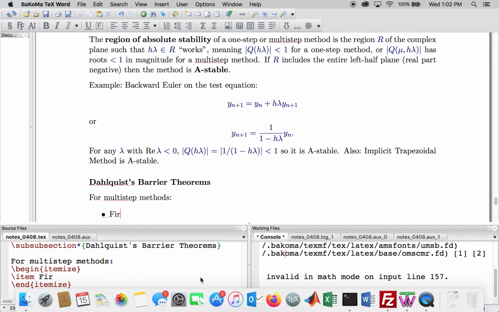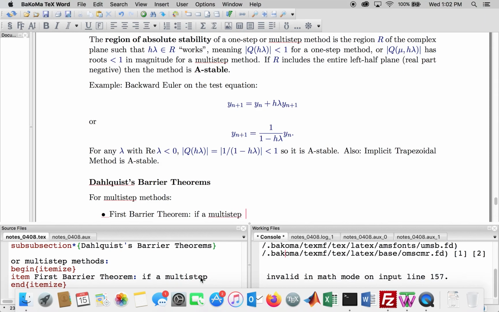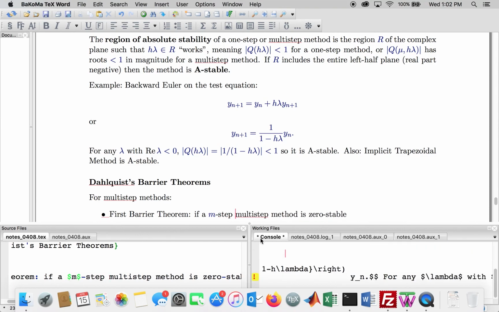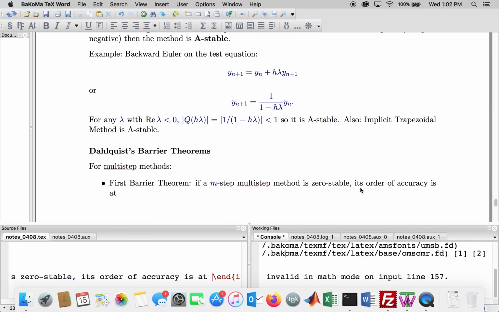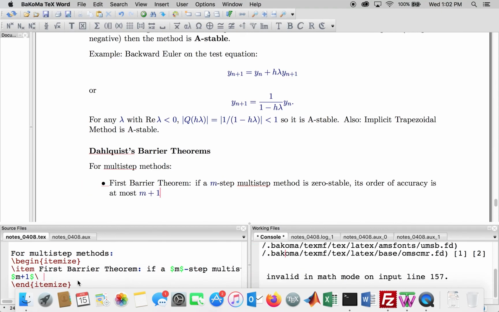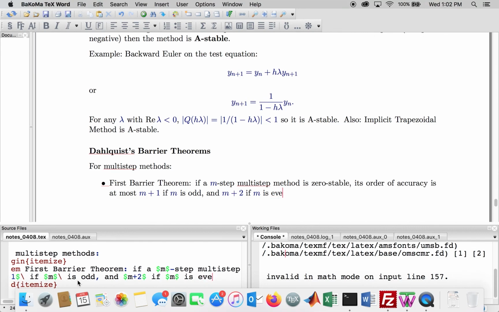The first barrier theorem is a limitation on how high the order of accuracy can be for a zero stable method. So, to be more specific, if an m-step multi-step method is zero stable, then its order of accuracy is at most m plus 1 if m is odd, and m plus 2 if m is even.